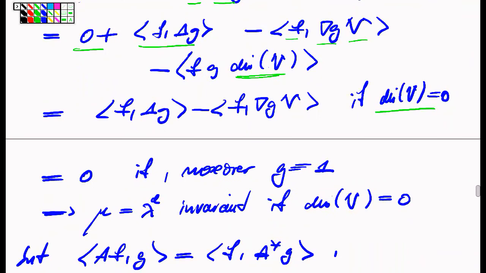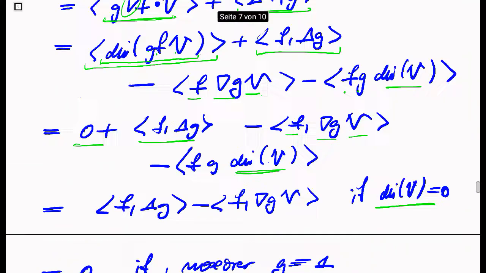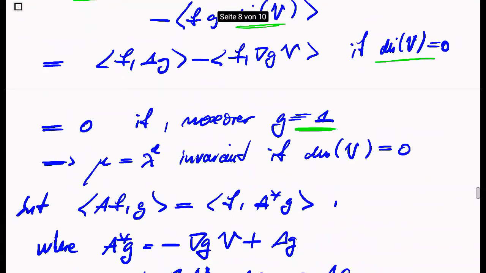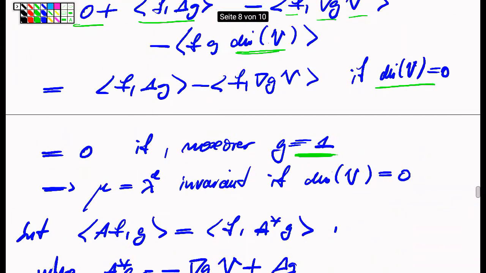Now, if I consider the special case that the function g is exactly the constant 1 function, my symmetry condition collapses to the invariance condition, if I choose as the test function the constant 1 function. The gradient of the constant 1 function is 0, and of course the Laplace operator of the constant 1 function is 0.